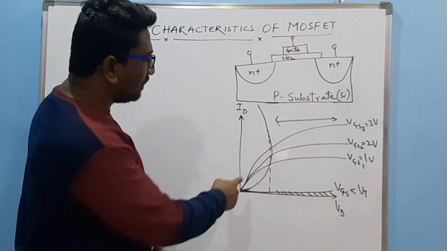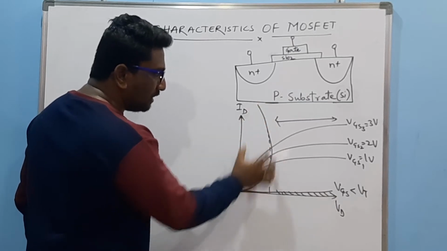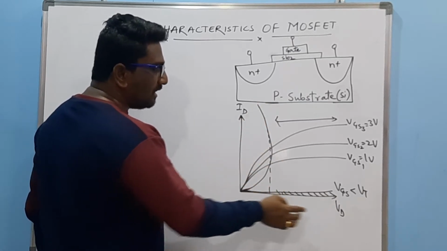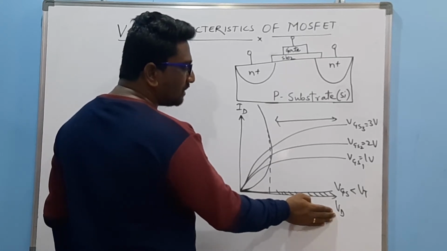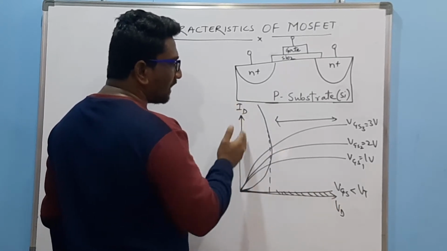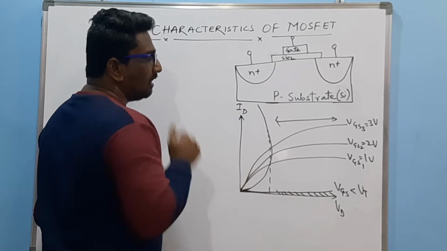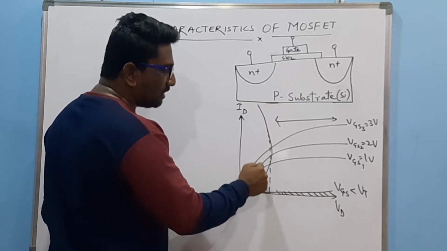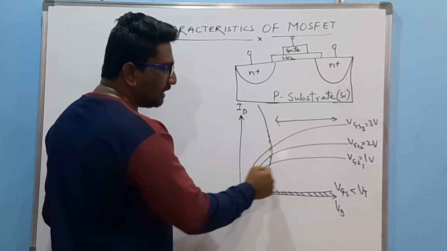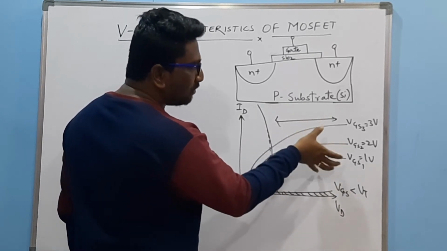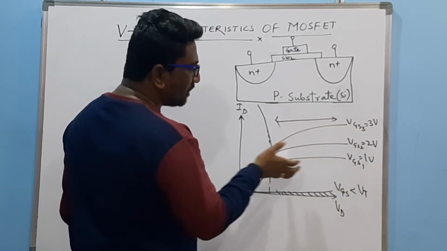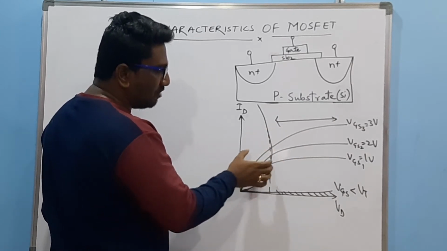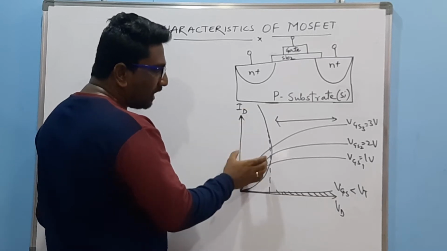This is the region where the characteristics tell us that as the drain voltage VD increases, at the same time the current across the drain ID also increases. You can see that all three curves, drawn for different gate-to-source voltages, are almost linear in this region.